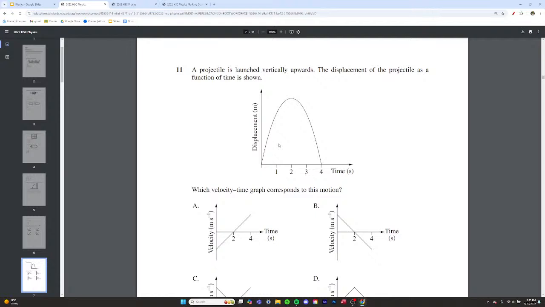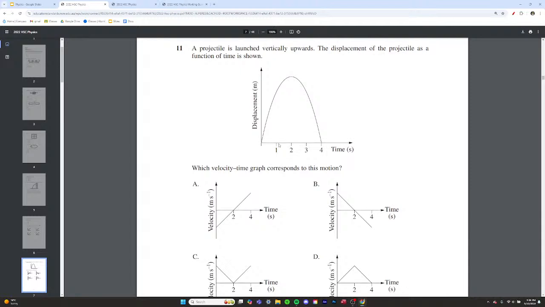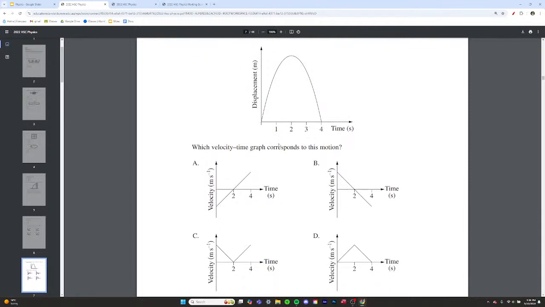The displacement of the projectile as a function of time is shown. Which velocity time graph corresponds to this motion? Okay, so this is just the derivative. So it's getting less and less steep. It's just a decrease, and it hits 0 at that stationary point, and it comes back up.